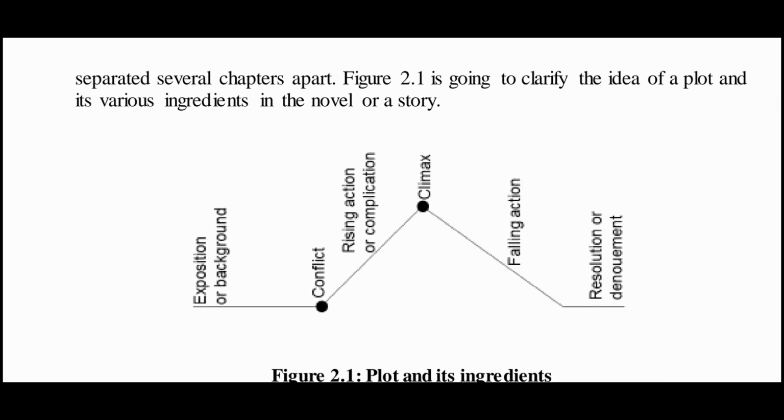You can see in the figure 2.0 which is coming in front of your screen, to clarify the idea of a plot and its various ingredients: exposition or background, conflict, rising action or complication, climax, falling action, and at the end resolution or denouement.